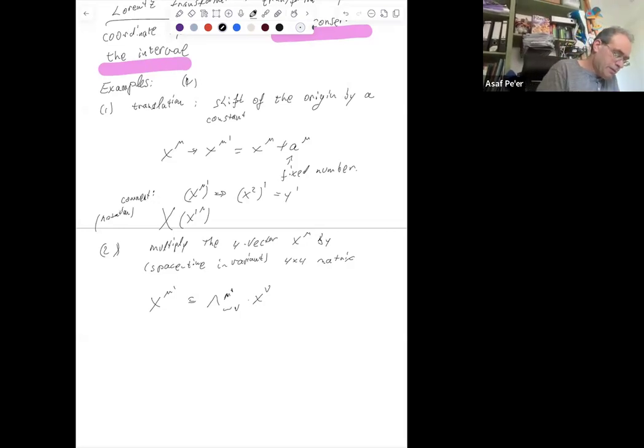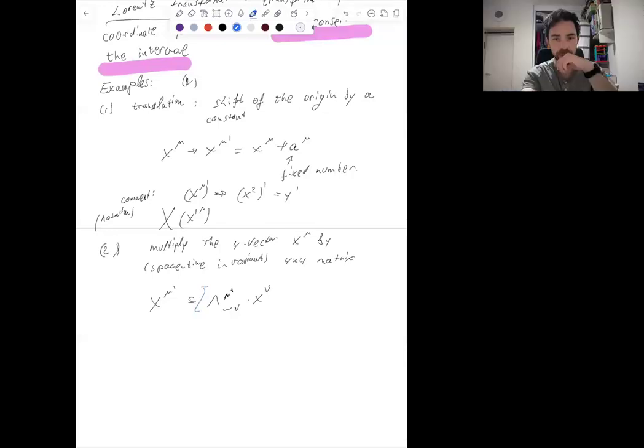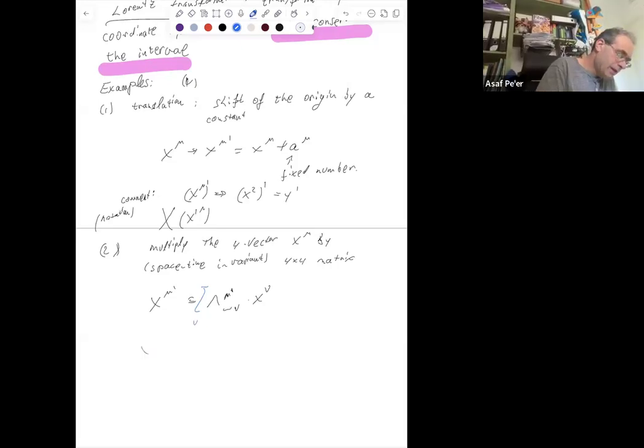So for example, I can write it down again. Remember, there is a summation here. Summation over what? Over nu. So really, x mu prime is equal to lambda mu prime 0 x0 plus lambda mu prime 1 x1 plus lambda mu prime 2 x2 plus lambda mu prime 3 x3.